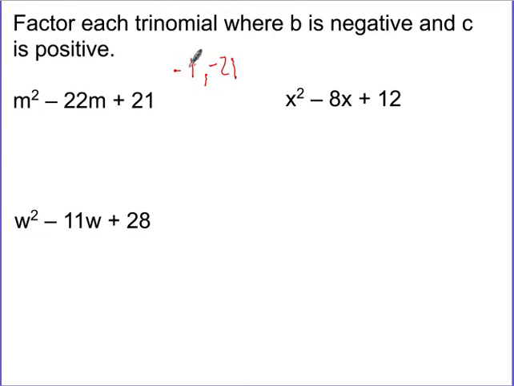And look at that. Those multiply to positive 21, and those two add to negative 22. So I found my two factors. So m minus 1 and m minus 22. No, 21. Doggone it. I got fixated on that 22 there. Okay.